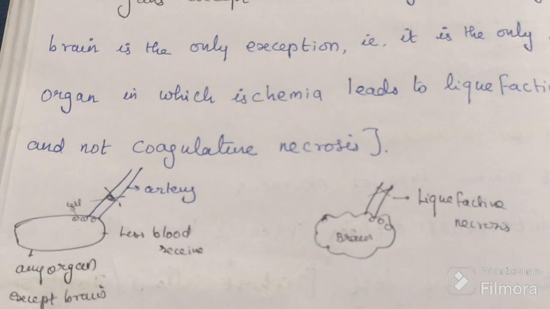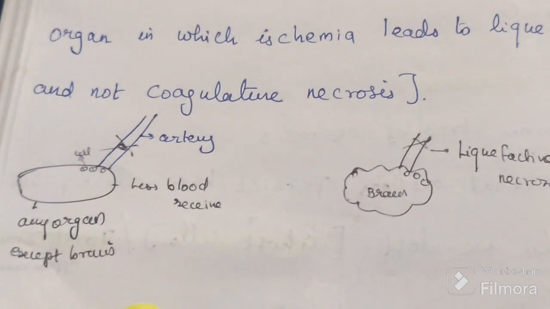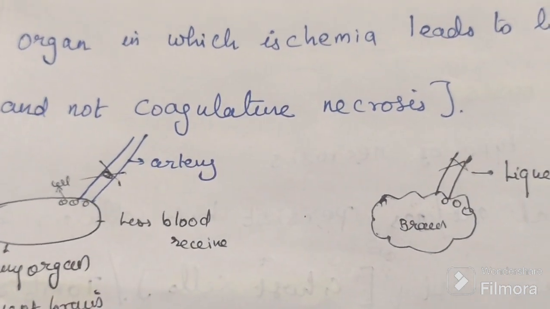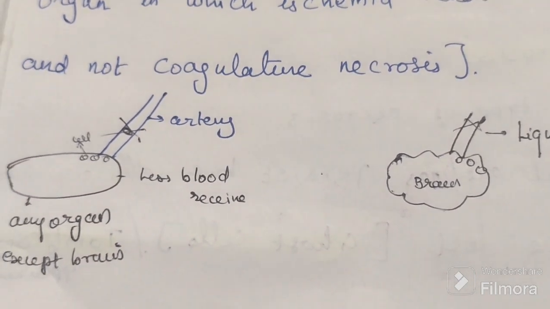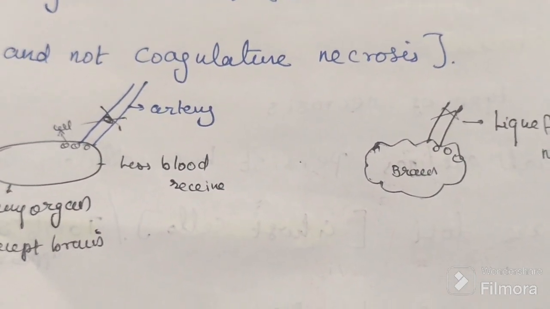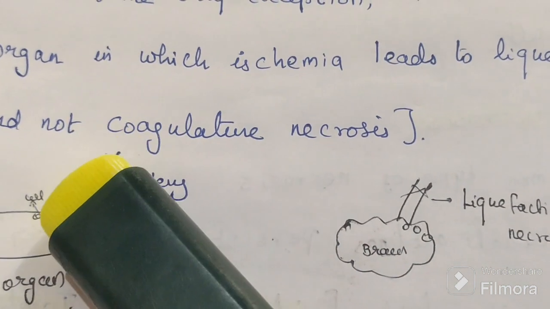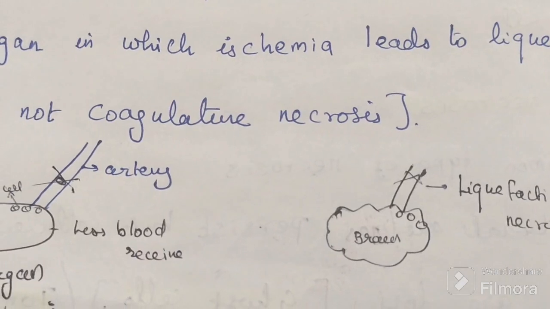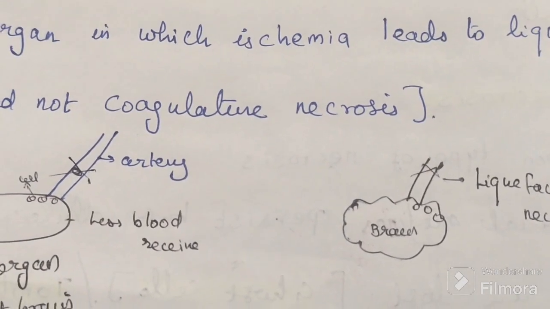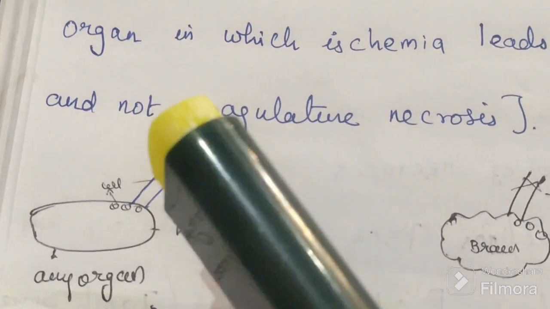This is the body. Any organ of the body, whether liver, kidney, spleen, heart or intestine, receives blood via arteries. It will receive less blood because of obstruction.